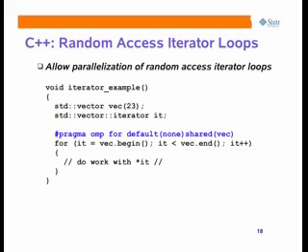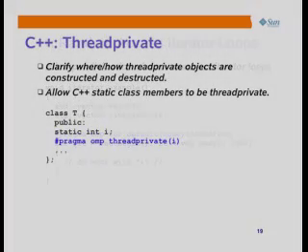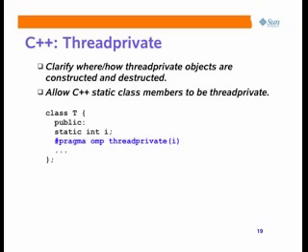In C++, how threadprivate objects are constructed and destructed has been clarified. And in addition, C++ static class members can be threadprivate. So here you have a static class member I, and you can say threadprivate(I). There's a missing parenthesis.